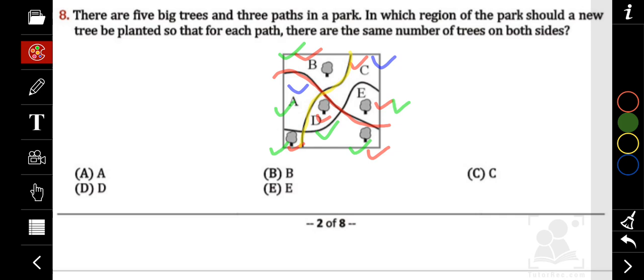So in all of these, we observe the best possible option is option B, which comprises of the maximum number of options, as was the case with the first one also.